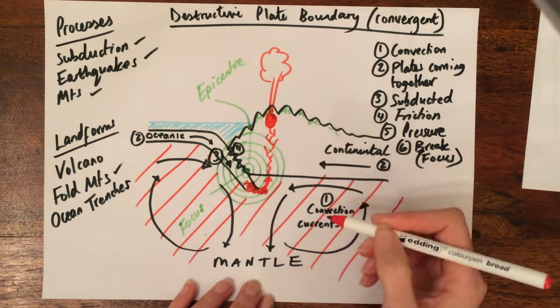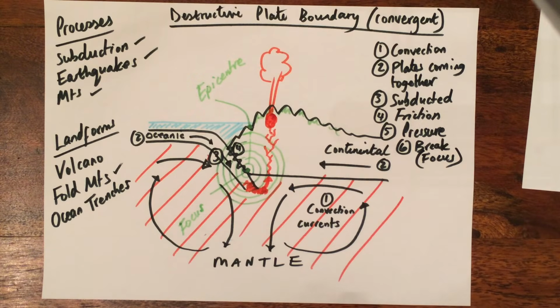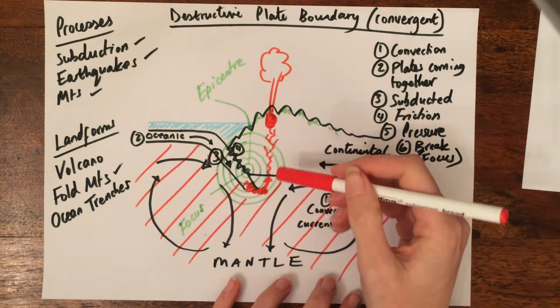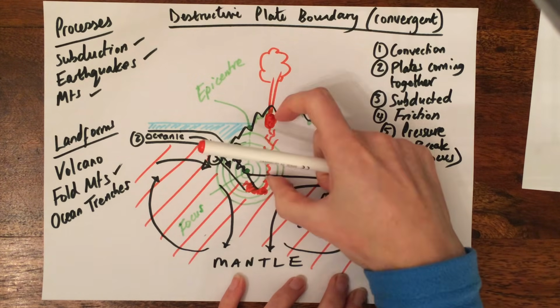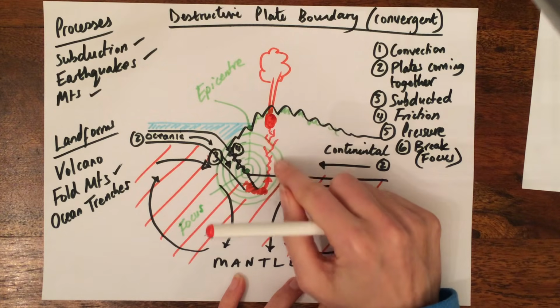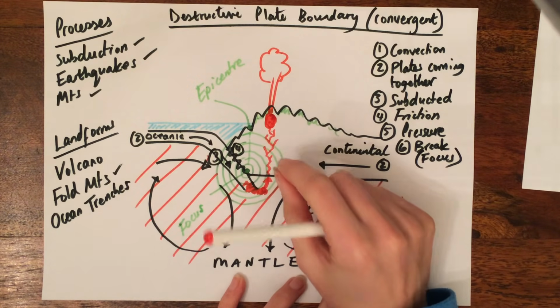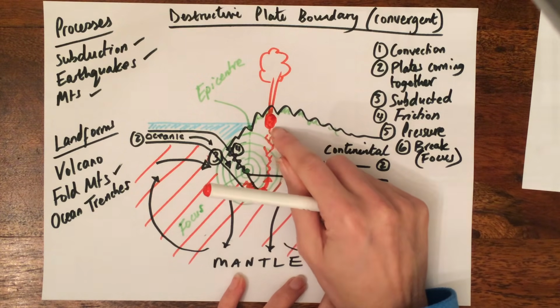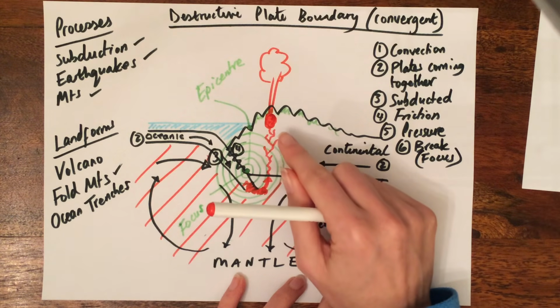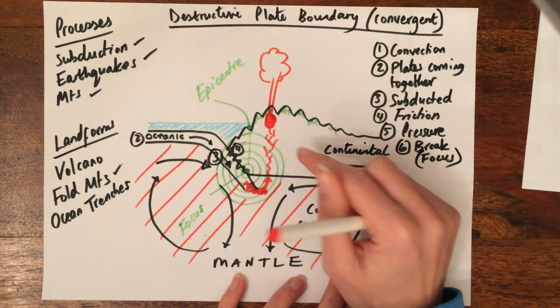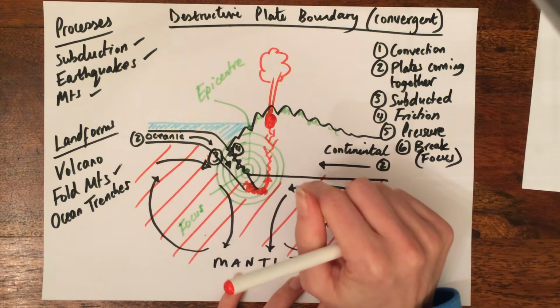we have an eruption. These eruptions are going to be quite violent. They're not going to be very frequent, but they will be violent. That's because this magma has had to come through quite a thick piece of crust, and it's gradually worked its way up under great pressure. And a lot of gas has built up in here. So this will be an explosion, and it won't happen very often. So they're quite rare, and they're very explosive.